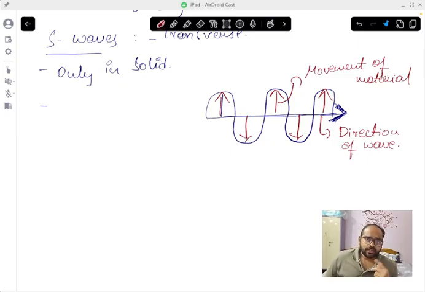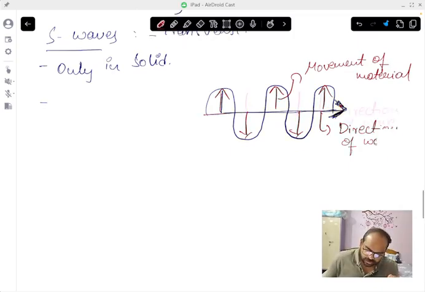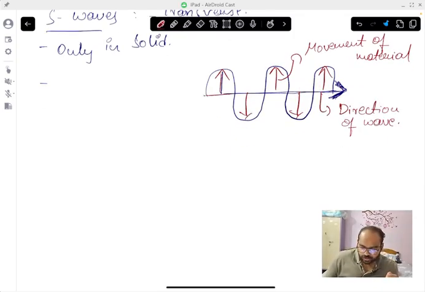Another thing is the materials through which the S wave passes, they create crests and troughs. As we said, S waves travel in a transverse way. This is called a crest and this is called a trough.